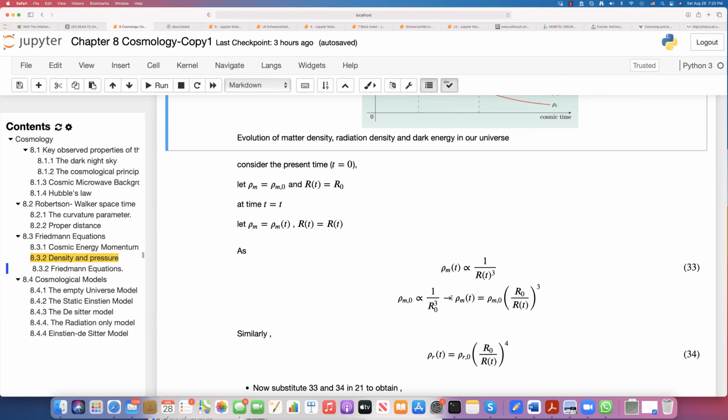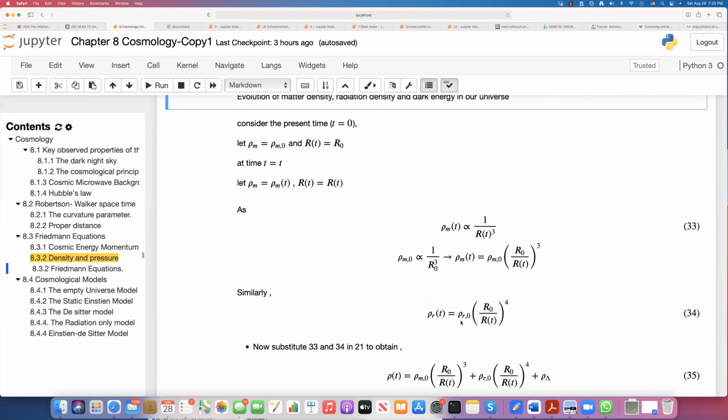The reason that I am doing all these things is that we are going to have the Friedmann equations as the next step, and then discuss different models about the universe. When you discuss those models, these things will come into play. So that's why I am going to discuss the matter density, the radiation density and the dark energy today, so that I can use them in these different models under different conditions, right?